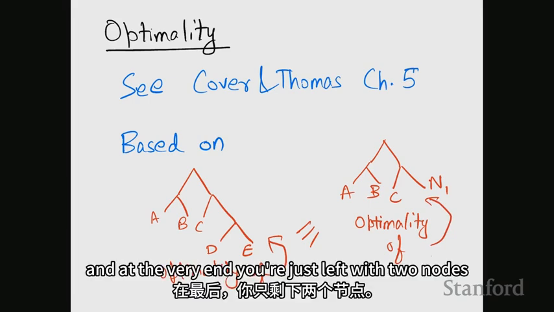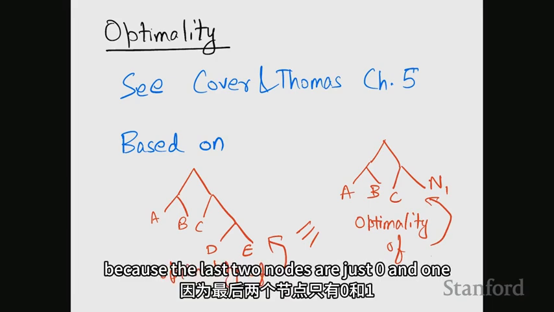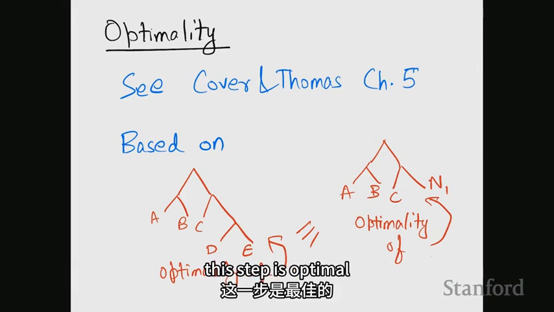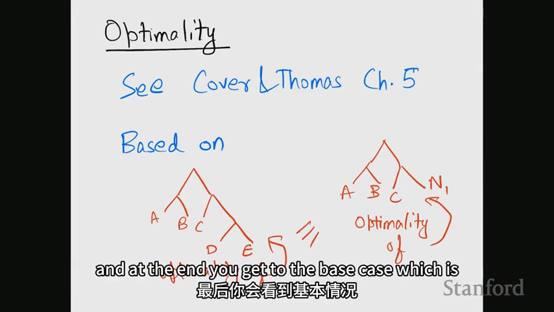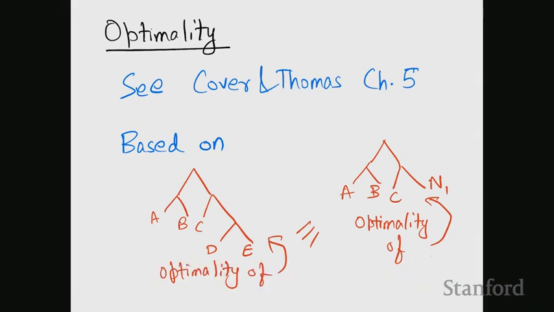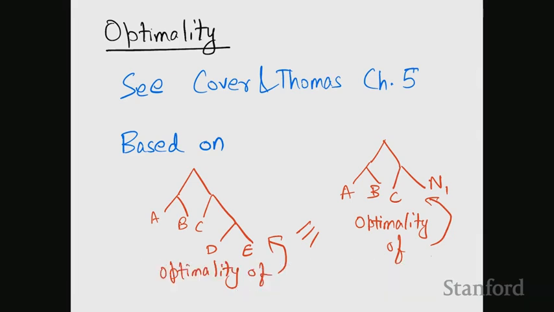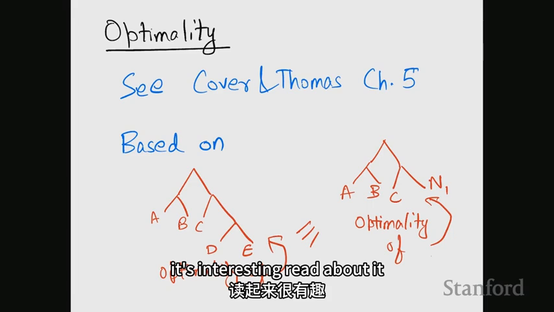And at the very end, you're just left with two nodes because the last two nodes are just 0 and 1. So that is definitely optimal, right? So it's that sort of inductive proof where every step you show that this step is optimal. And at the end, you get to the base case, which is optimal. Will not do it. You don't need it for the homeworks. It's interesting. Read about it.